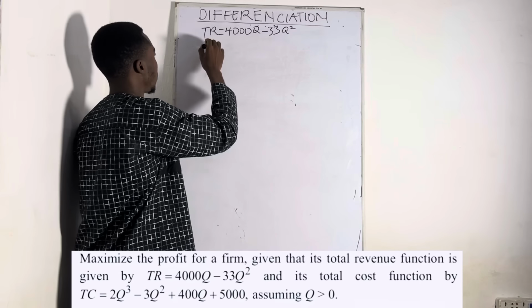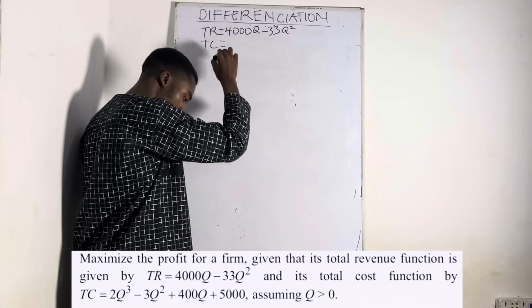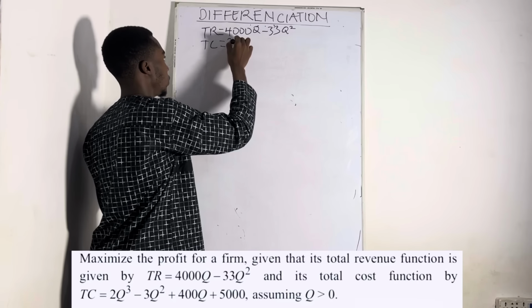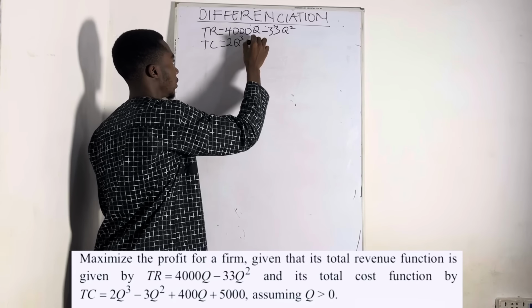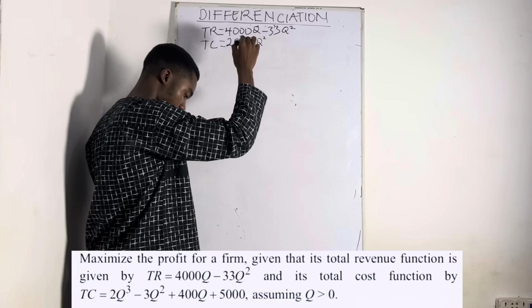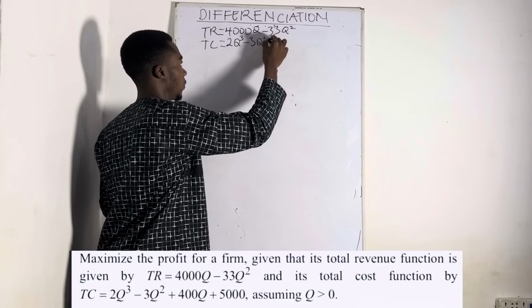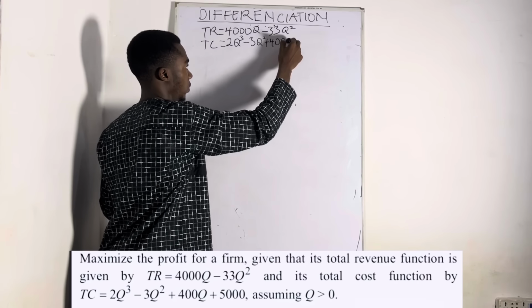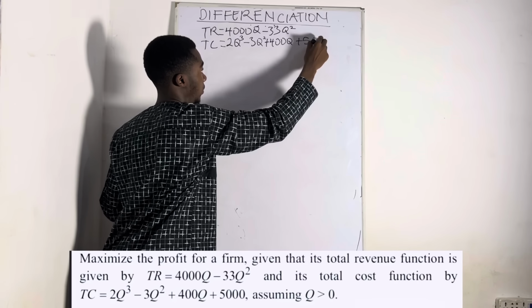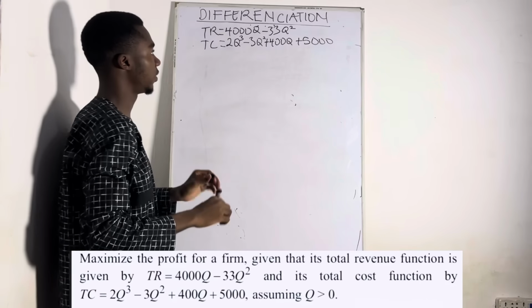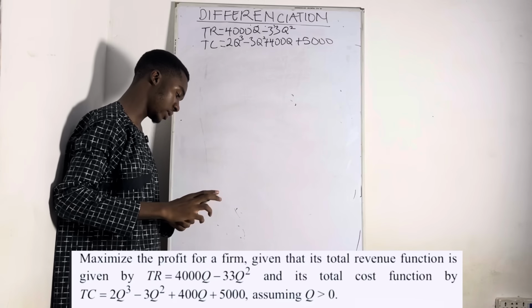Then we've also been given the total cost function to be 2 Q cubed minus 3 Q squared plus 400 Q plus 5,000. So this is the information they've given to us, and we're asked to maximize the profit for the firm.